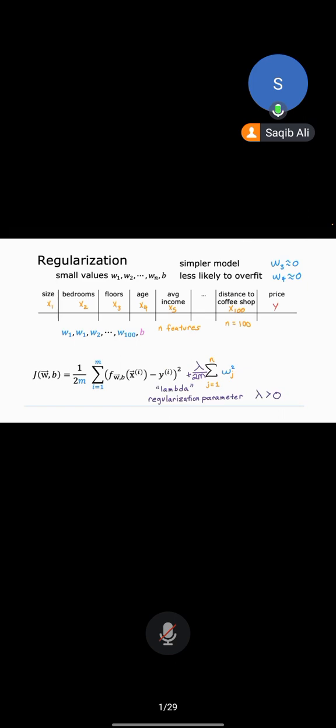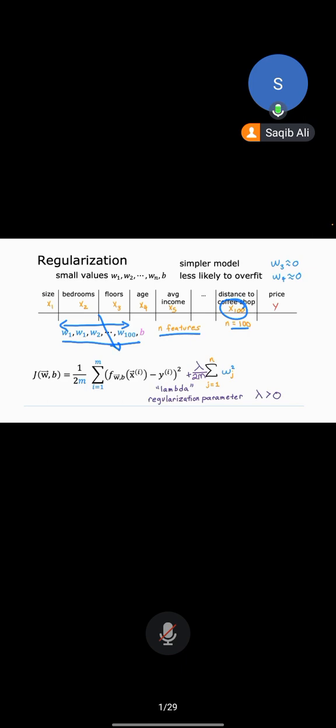These are our parameters, w1 to w100, if features are up to 100, and b. In general, the total number of features is n, so w1 to wn, where n is equal to 100. We do not change the value of b.